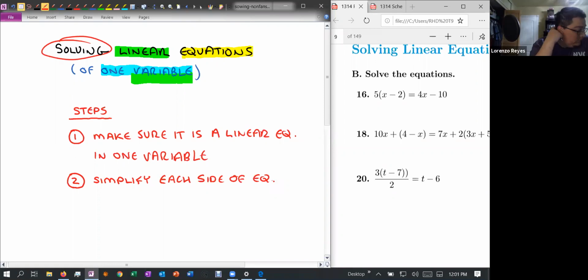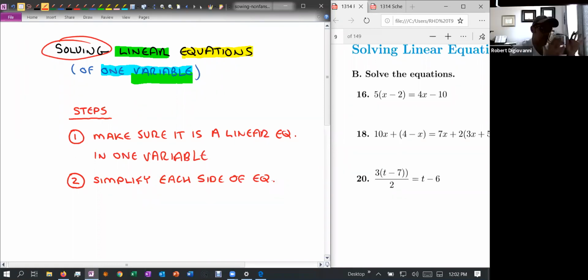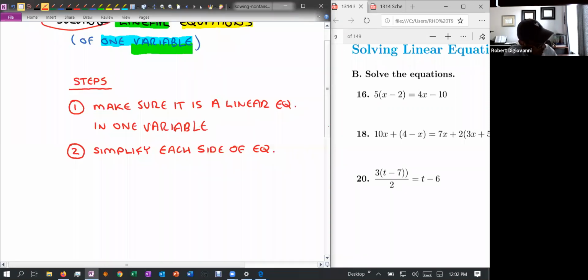The second step to solving a linear equation is to look at the left side by itself and simplify it, then look at the right side by itself and simplify it. So we're going to do complete simplification on both sides. Then after we simplify, we're going to collect what we call collect like terms on each side.